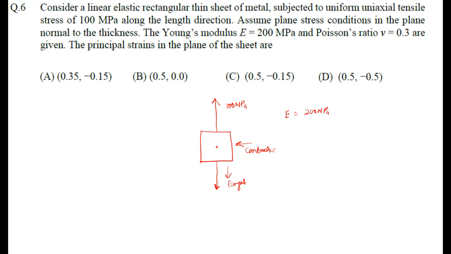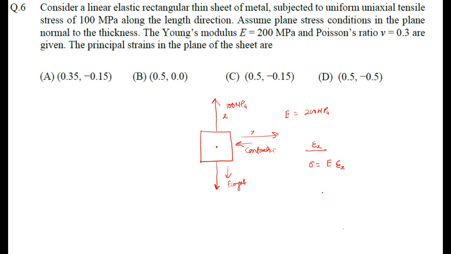Okay, so we'll find first. Let us assume this direction is x and this direction is y. What will be the strain in the x direction? We'll use the formula sigma equals elastic modulus into strain.